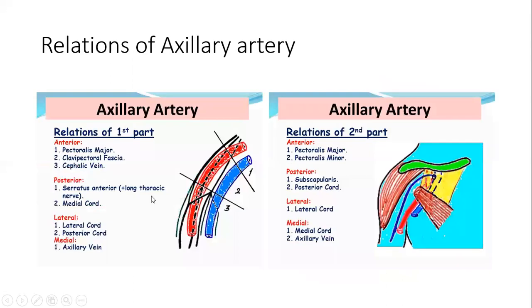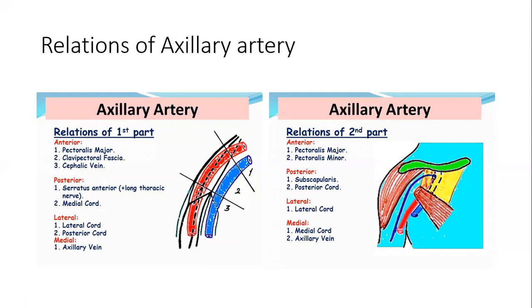The relations of axillary artery are sometimes asked in the MCQs in the written examination. The structures that lie anterior to the first part of axillary artery are pectoralis major, clavipectoral fascia, which is part of deep fascia, and cephalic vein.